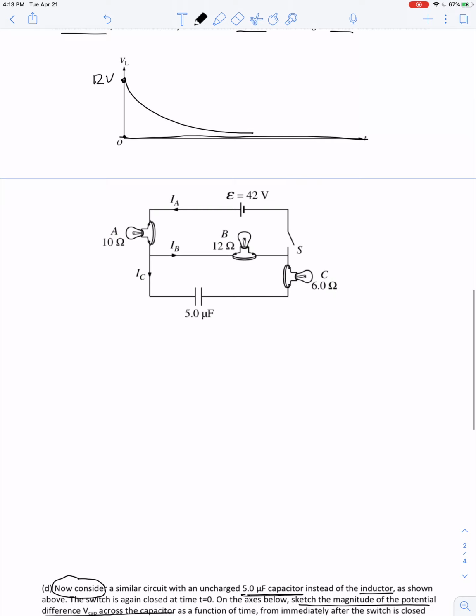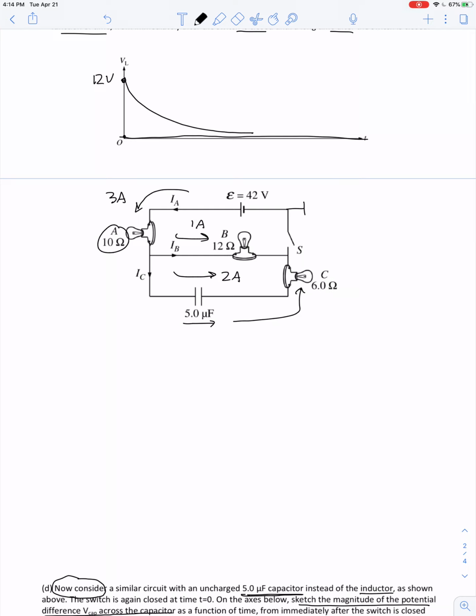Okay, so initially, the capacitor offers 0 resistance. So this is the case where the initial condition is 3 amps flowing through the 10 ohm, and then it junctions off 1 amp through the 12 ohms, and 2 amps through both the 5 microfarad capacitor and through bulb C. Okay, so let's find the electric potential at all these different points.